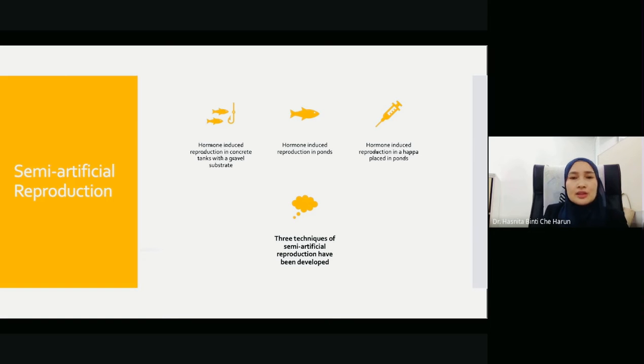Okay, so there are 3 techniques of semi-artificial reproduction that have been developed: hormone-induced reproduction in a concrete tank with a gravel substrate, in ponds, or in a HAPA system placed in the pond.